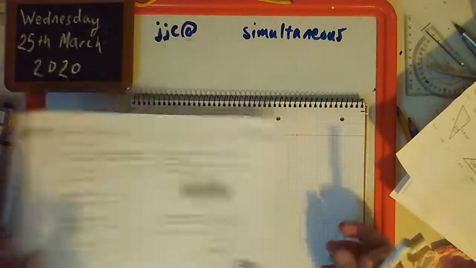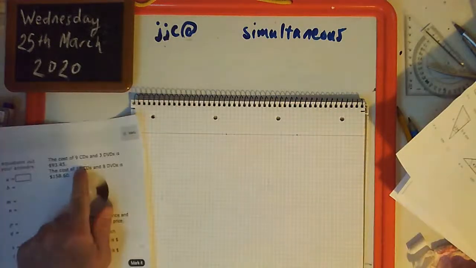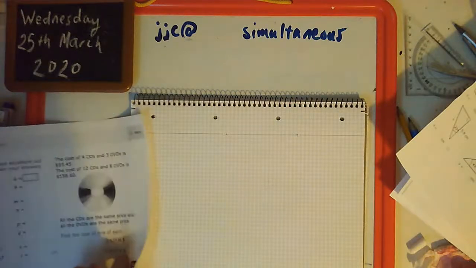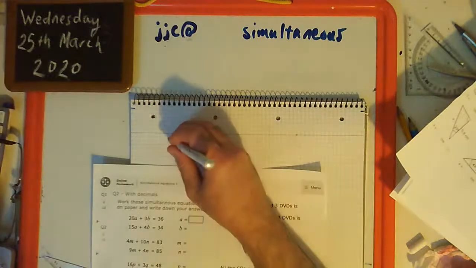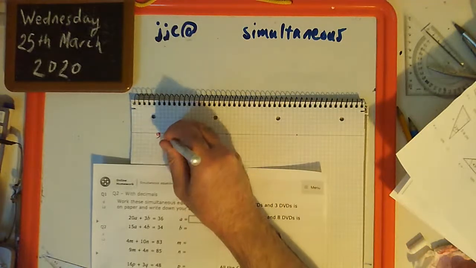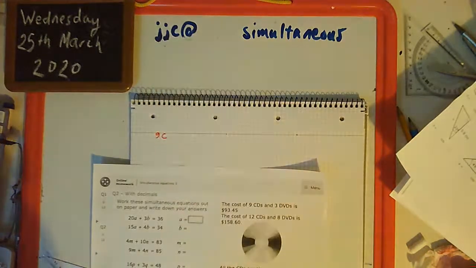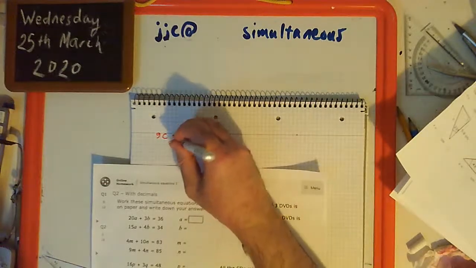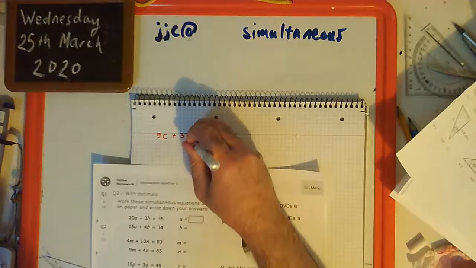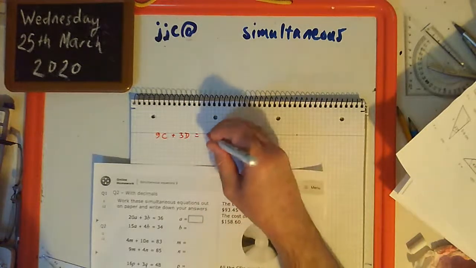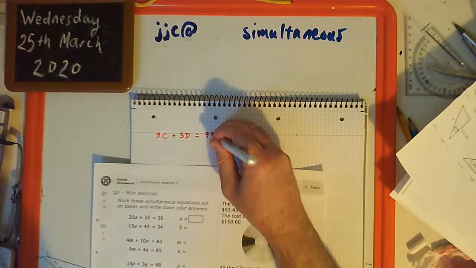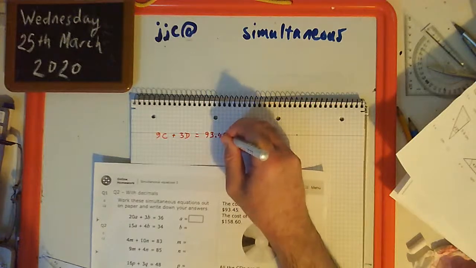the cost of 9 CDs and 3 DVDs is 93.45. So I'm going to represent that as an equation. 9 CDs plus 3, let's call it D, 3 DVDs is 93.45.